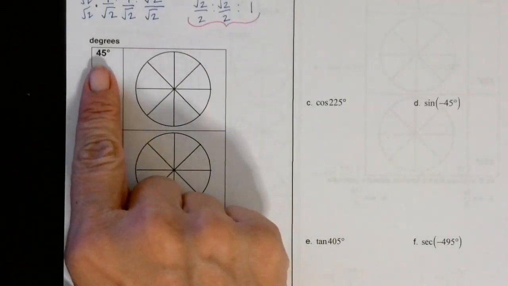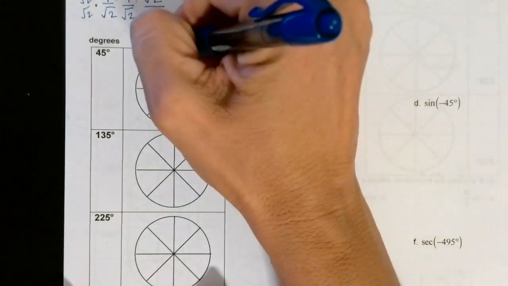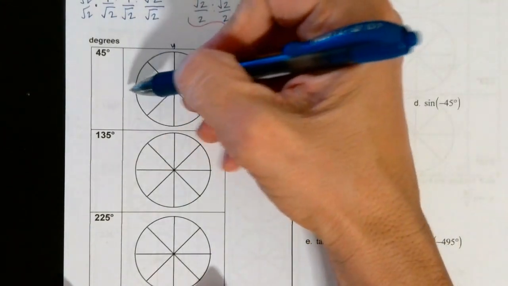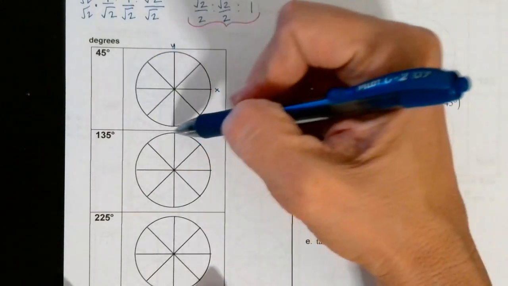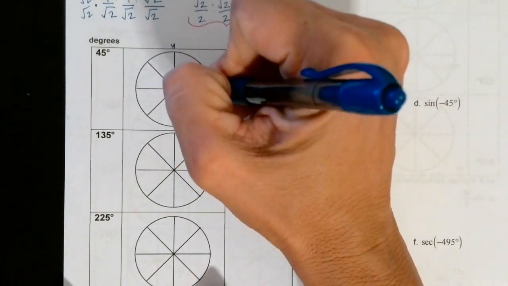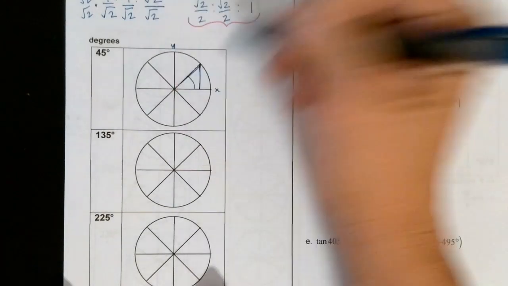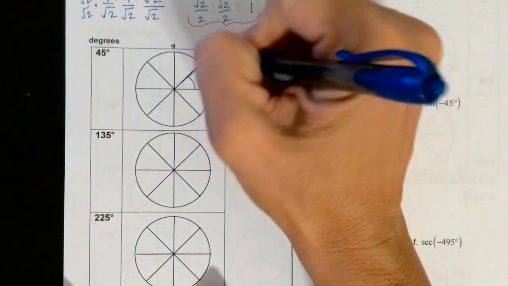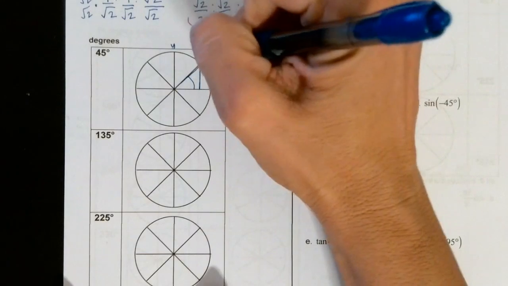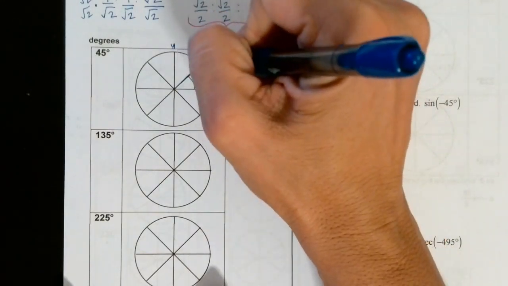Here's the positive x-axis, here's positive y, over here would be the negative x-axis, and over here would be the negative y. If I draw a 45 degree angle, it's right here. In this quadrant, quadrant 1, every x and every y is positive.